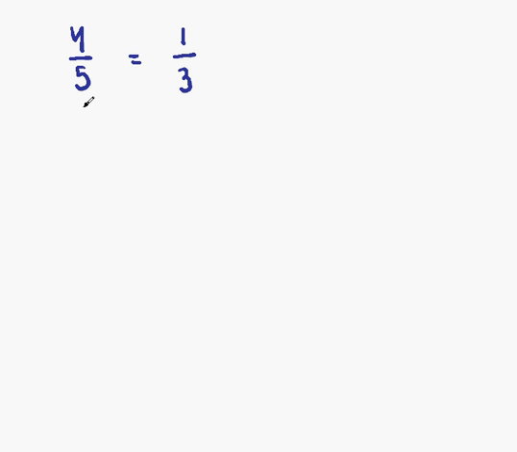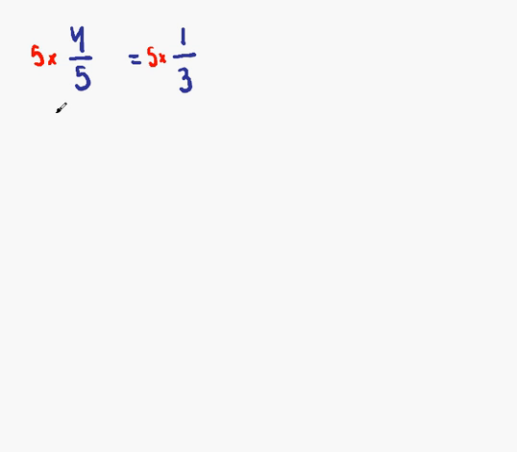In order to make the fraction disappear, we must multiply this fraction by 5, 5 times y over 5. If we think back to the reminder we did at the start, if we multiply one side of the equation by 5, in order for it to stay true, we must multiply the other side of the equation by 5 also.